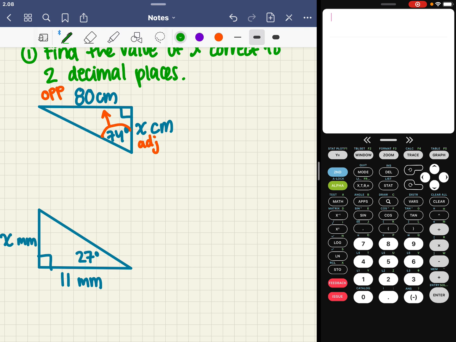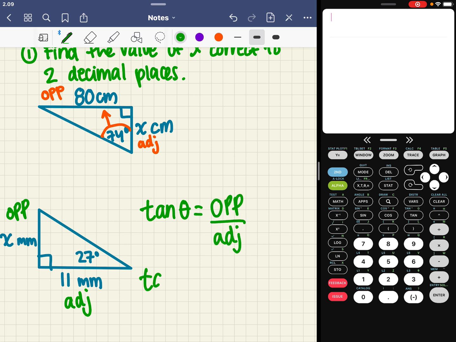For this one here, again, I'm gonna label my sides. These are opposite, and this is adjacent. Okay. So this time here, again, this is still tangent theta, SOHCAHTOA, opposite over adjacent. I could plug in the 27 now, 27 degrees, which is theta.